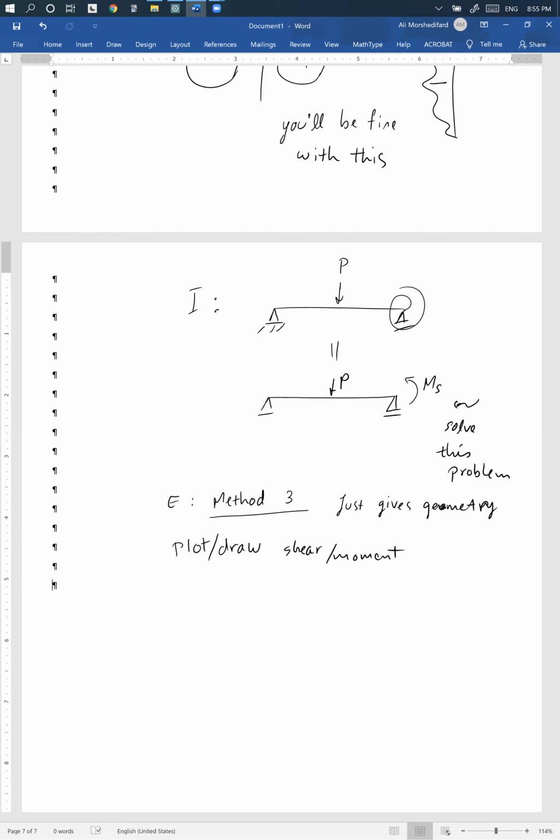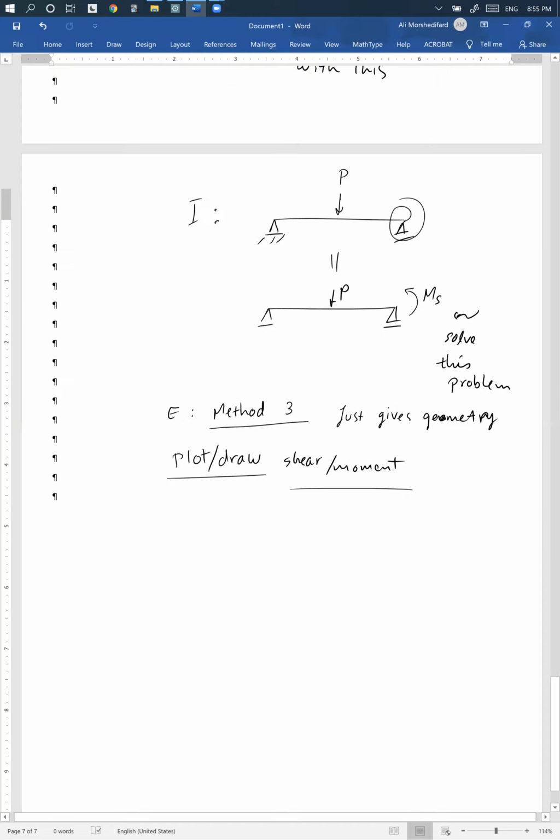If you want equations, which maybe one of the questions will have, you will probably have both kinds. If you just want to plot or draw the shear moment diagram, you just need the geometry. This method 3 is really good for that.